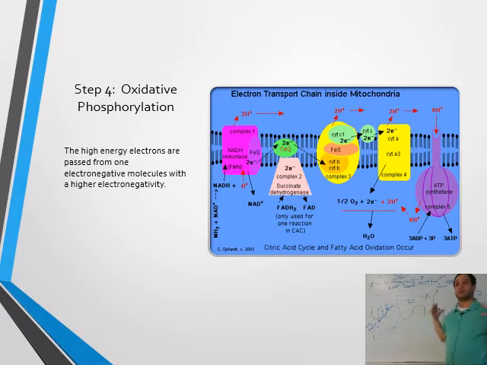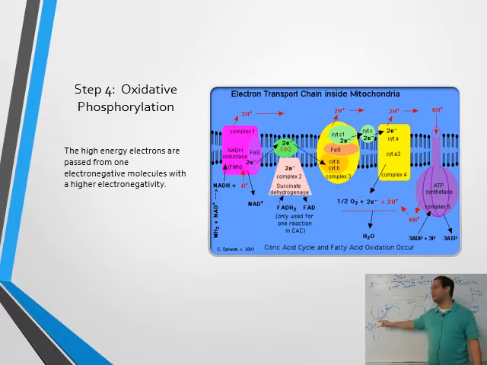Right. So big picture, guys. What's going on is you're taking the electrons from the FADH2 and the NADH. Those electrons are getting passed along these molecules. These molecules are then pushing hydrogen across the barrier.